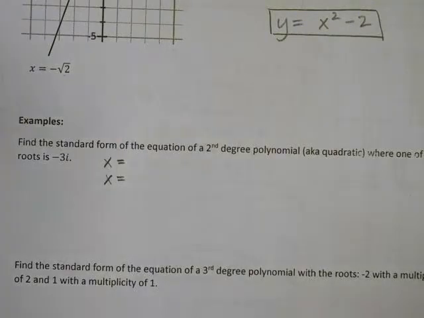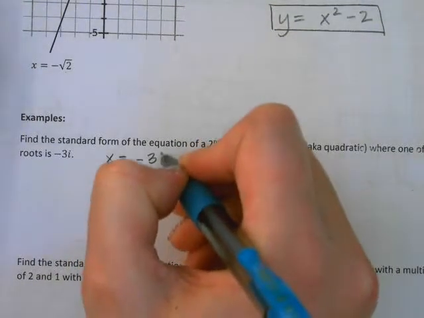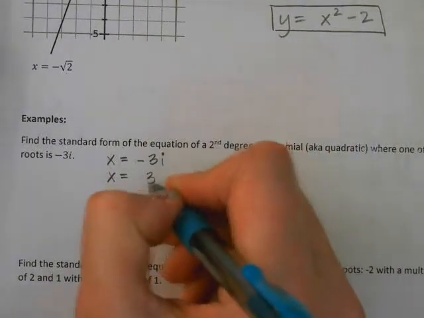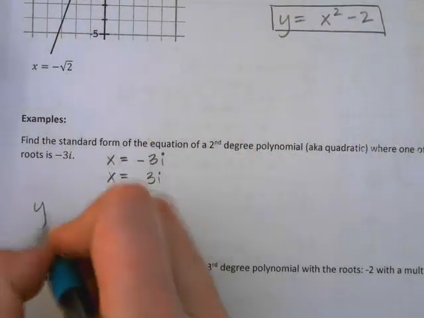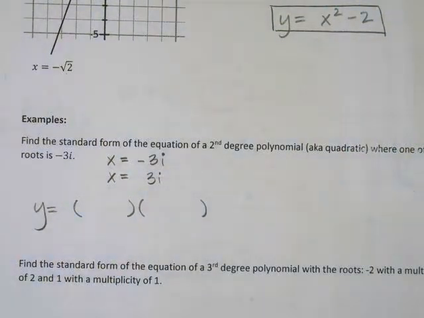Okay. So they told us that one of the roots was negative 3i. That's an imaginary root, so we know that those come in pairs. So if you have negative 3i, what else do you also have? Positive 3i. Okay? All right, let's go ahead and write our parentheses. We're going to do our linear factorization form first.